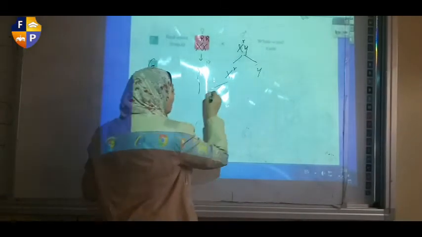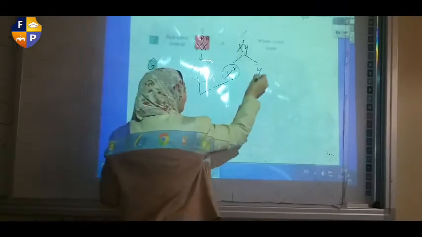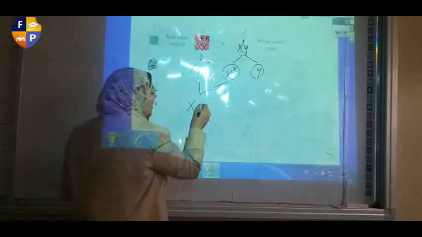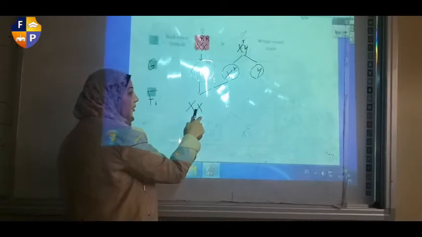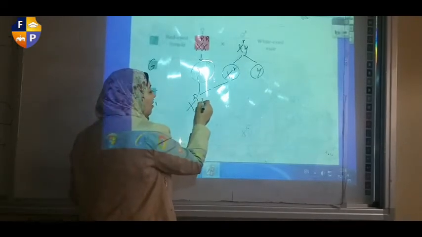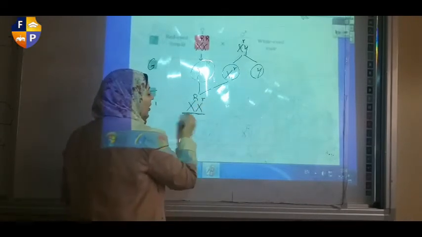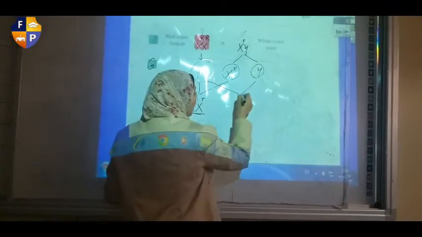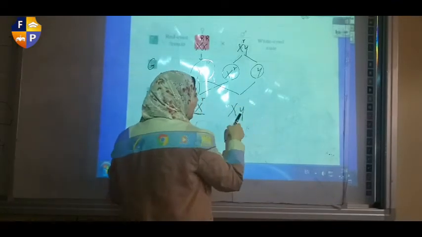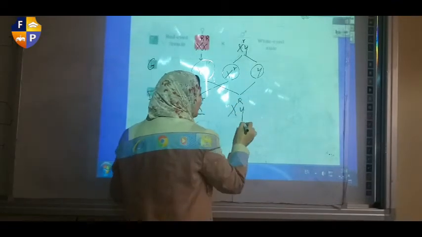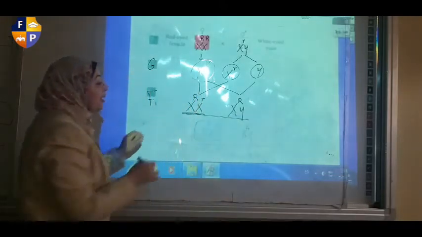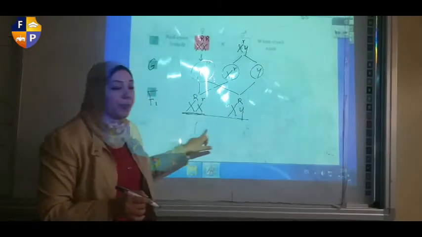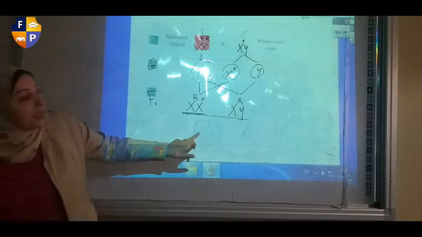Fertilization takes place between gametes to produce XX, which are females that carry R capital, r small, which is red color, and XY, which are males, but also carry red color. So in the first generation, 100% carry red color.